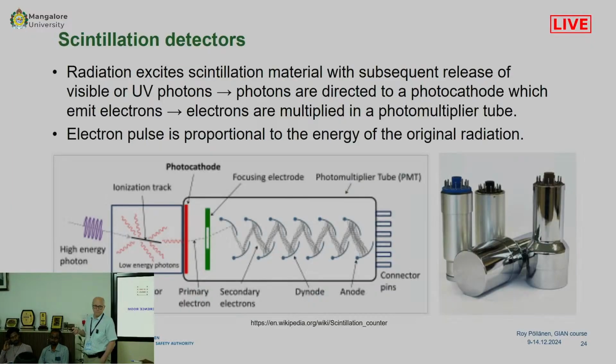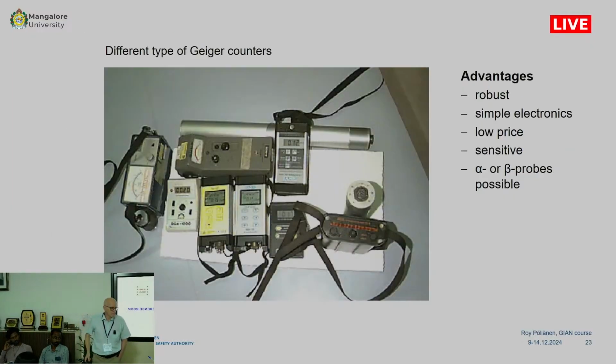Sir, can all these Geiger counters be used as a contamination monitor? Yes, they can be. Not all of these, but some of them. It depends on the detector. Portable gamma radiation monitors, yes, I think it is attached to a GM counter. Can we please use it as a contamination monitor?